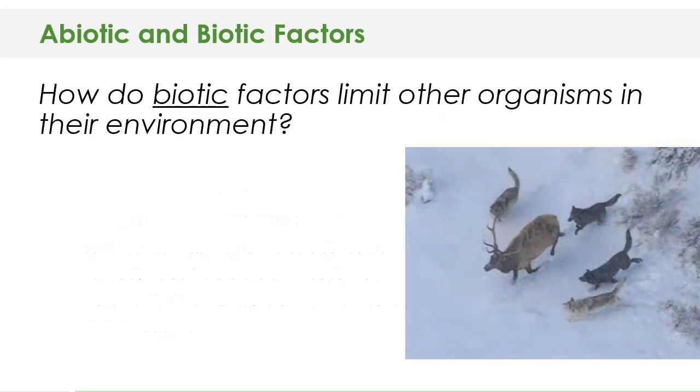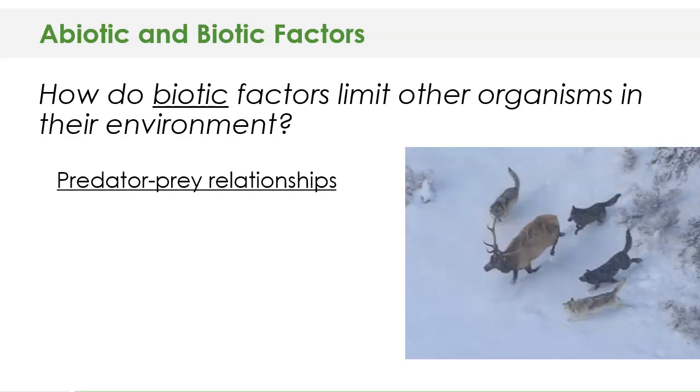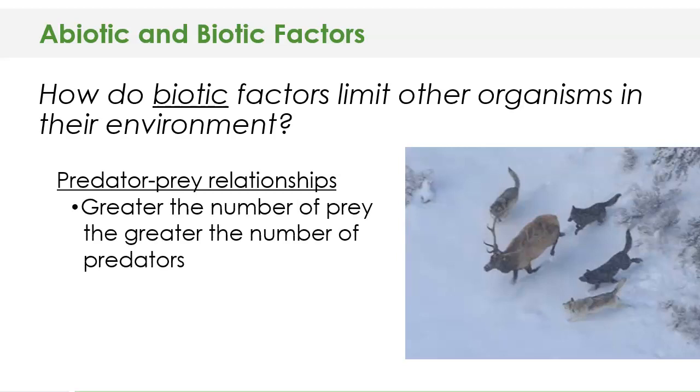Another biotic factor that limits other organisms is the idea of a predator-prey relationship. Of course, a predator is the hunter, so to speak, prey being the thing that is being hunted.